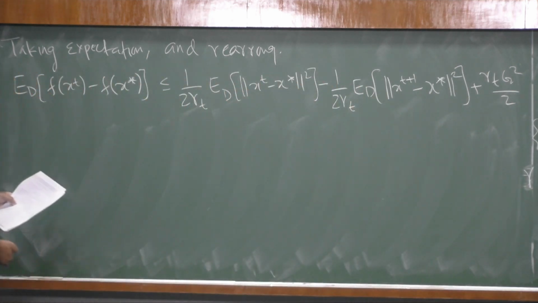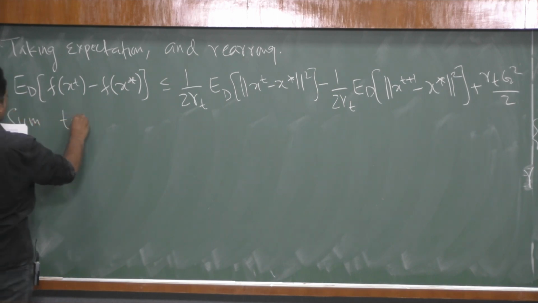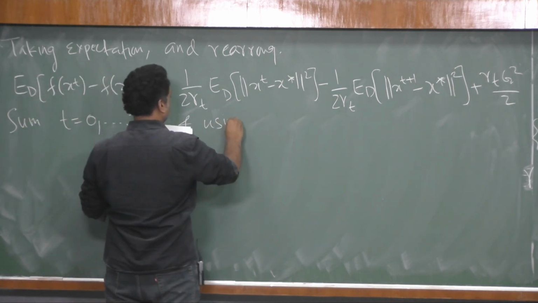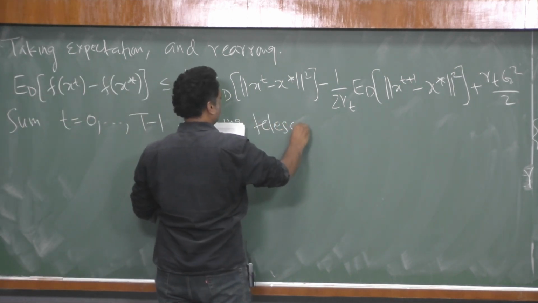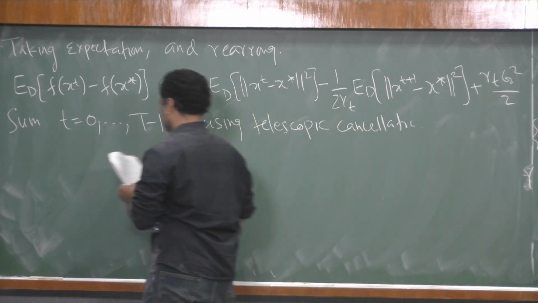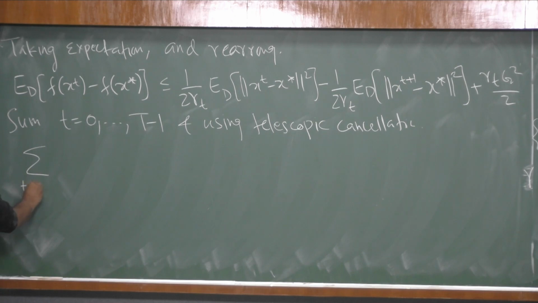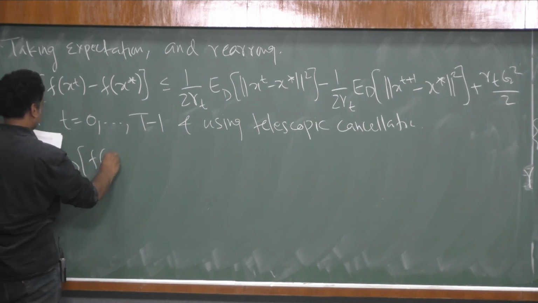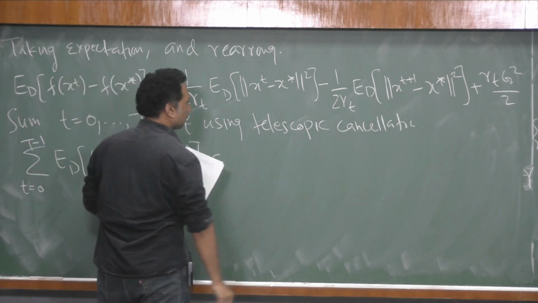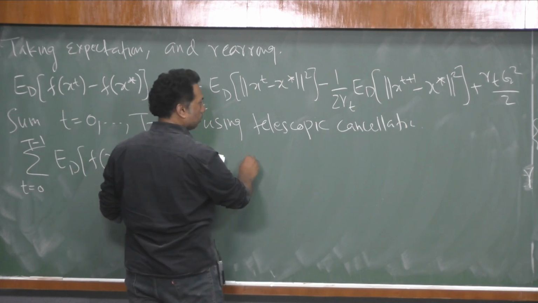So these are the simple steps we have done, and the next step is that we will sum it, from t equals 0 to capital T minus 1, using telescopic cancellations. If we do that, then we have the sum from t equals 0 to T minus 1 of the expectation of f of xt minus f of x star, less than or equal to 1 by 2 gamma naught.